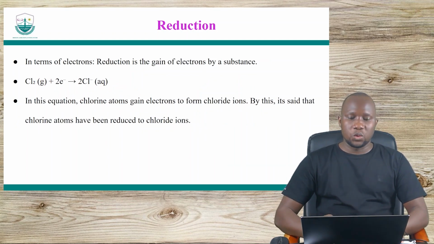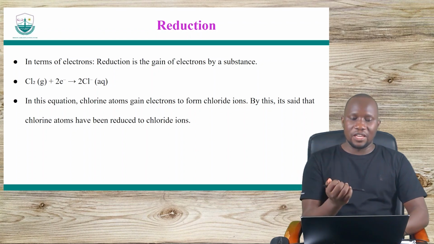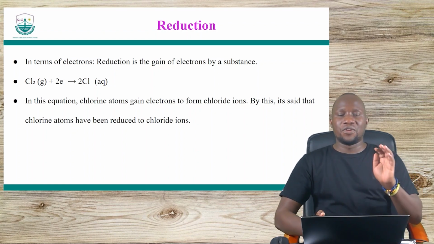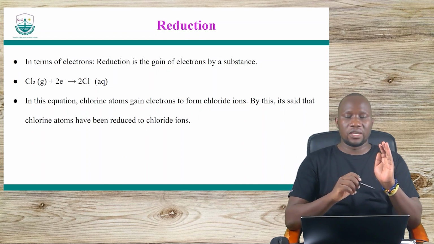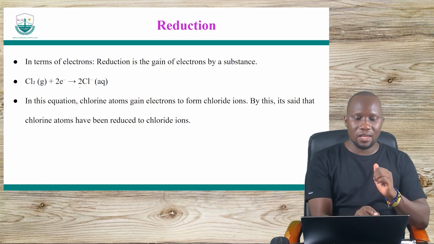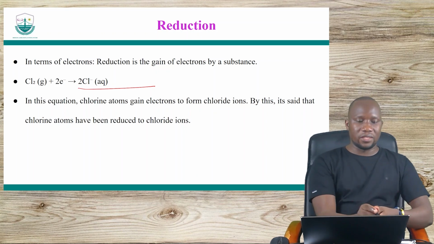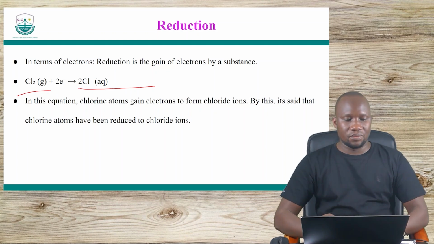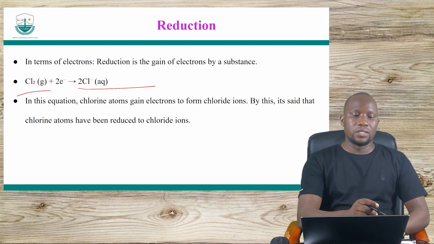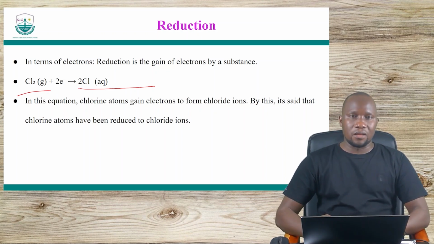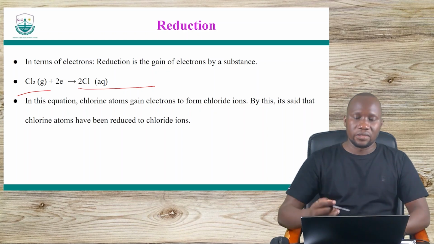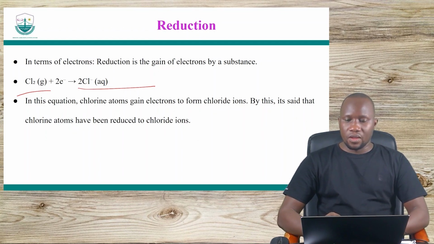In terms of electrons, reduction happens when there is gain of electrons. Remember, previously, for loss of electrons, the electrons are on this side of the equation, but for gain, the electrons are on this side. Okay, so this also happens where chlorine gains electrons to form chloride ions.